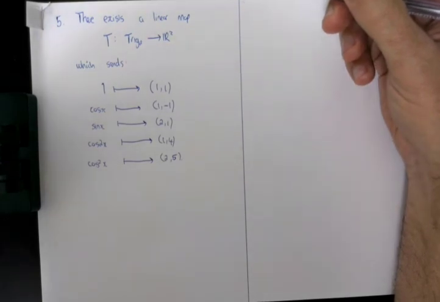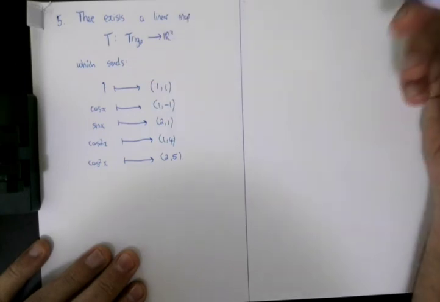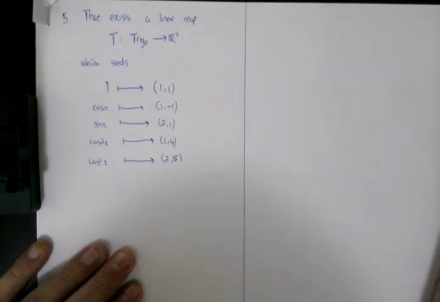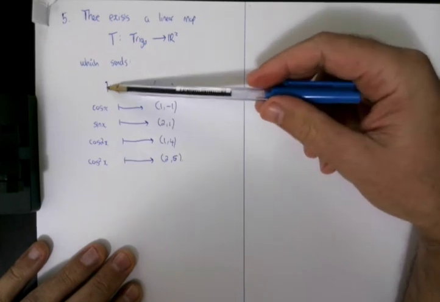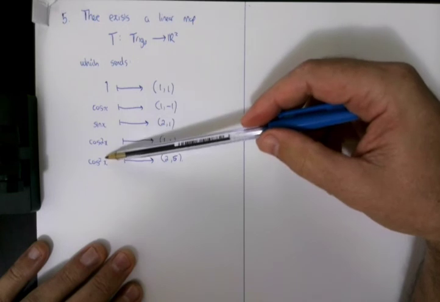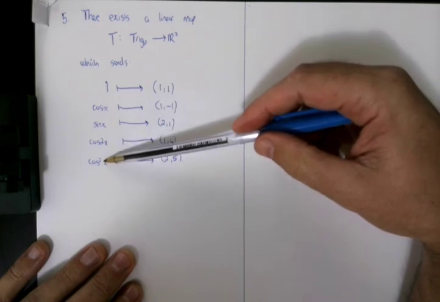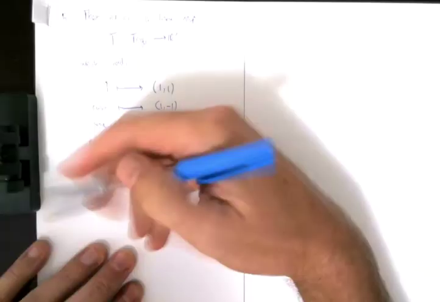Okay, so let me just first quickly go through the answer here, and then I'll explain some of the misconceptions that some of you had. What you're supposed to realize, if you stare at these vectors, is that there's something interesting going on here, because actually this vector is a linear combination of that vector and that vector, right?